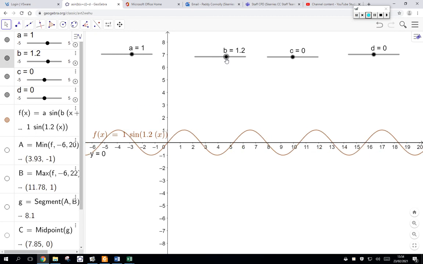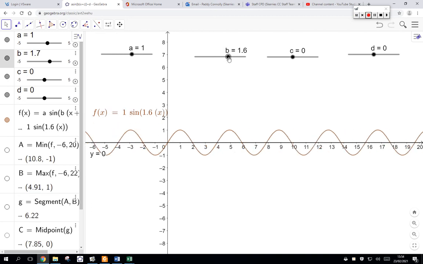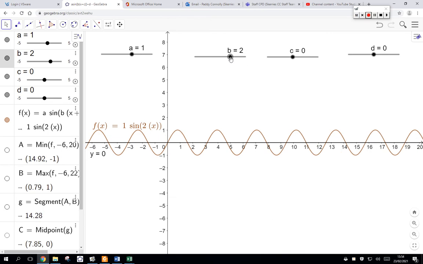Well, there's my b equals 1, my period is 2 pi. If I increase that to say 2, my period is pi. Actually, we've divided the period in half. We've divided it by 2 by increasing that to 2.